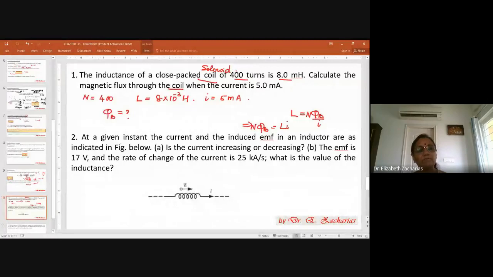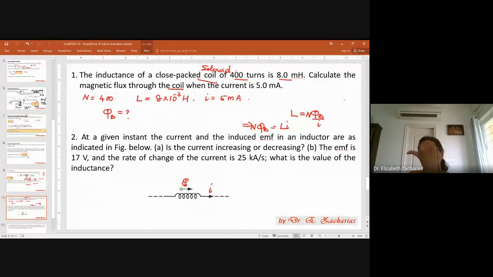Then try this one. At a given instant, the current and the induced EMF are as indicated in this figure. Is the current increasing or decreasing? The current is in this direction, magnetic field is also in this direction.